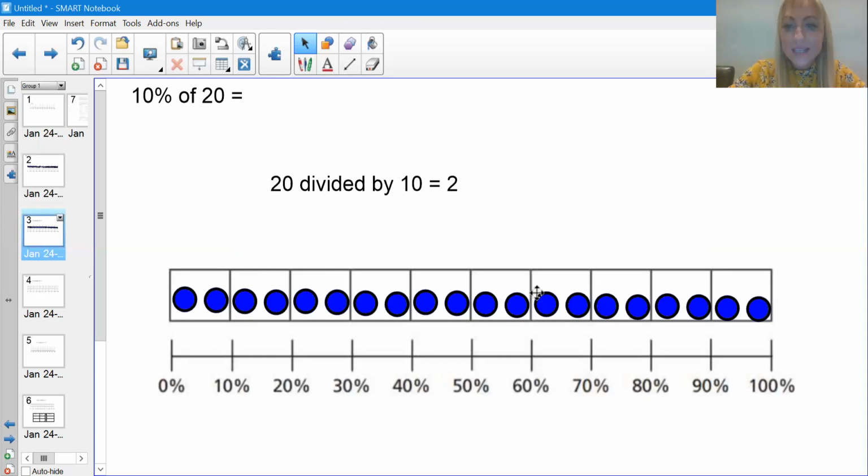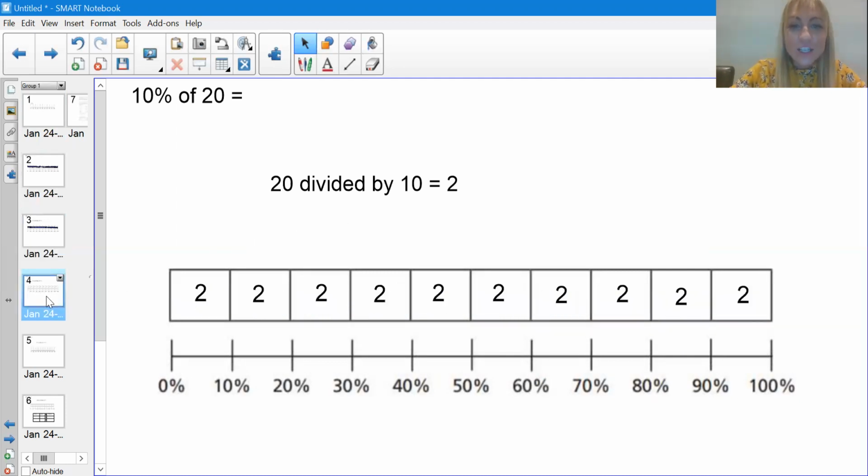And we know that 20 divided by 10 is 2, and I've got 2 here. So rather than doing all the counters, I could just put 2, because that number 2 represents those 2 counters.